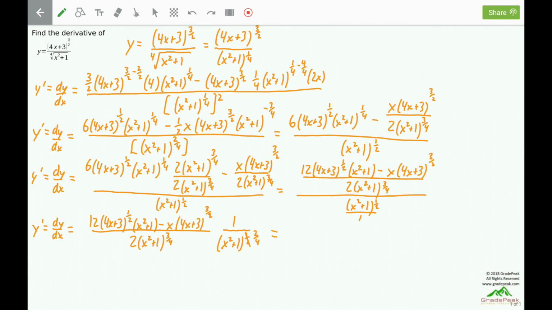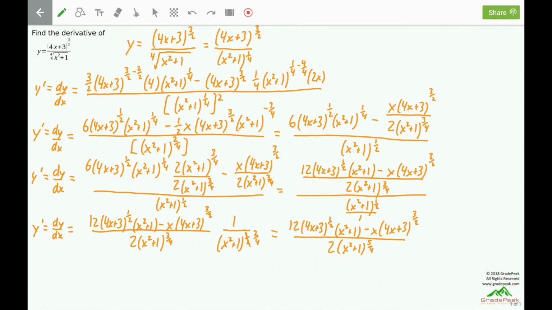Now the numerator is just going to be 1 times everything else, and so I will just get that same numerator, 12 times 4x plus 3 to the 1/2 times x squared plus 1 minus x times 4x plus 3 to the 3/2 over, I have a 2, and then I'm going to have an x squared plus 1, except now you add these exponents, so it'll be 3 plus 2, or a 5/4 power.